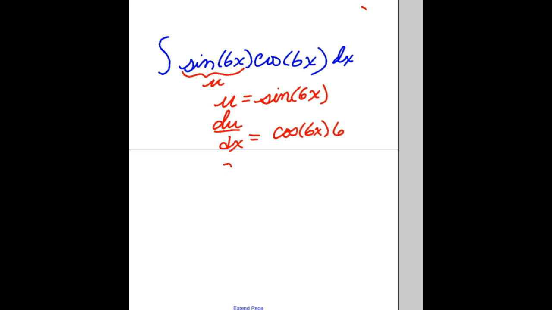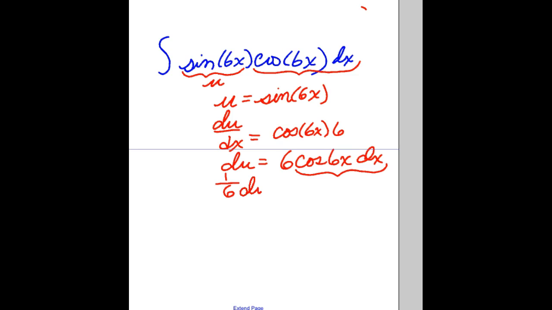So really what I have is that my du is 6 cosine 6x dx. Let's go see what I want it to be. I want it to be the rest of the integrand. I want it to be cosine 6x dx. So I'm going to do a 1/6 fraction correction.